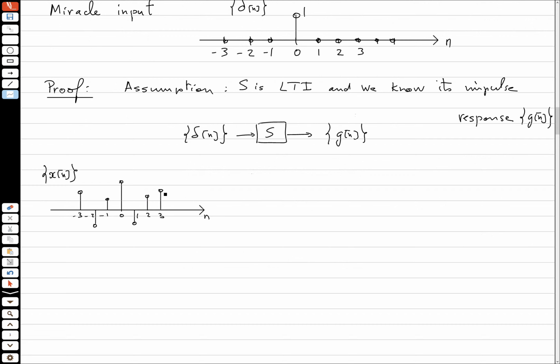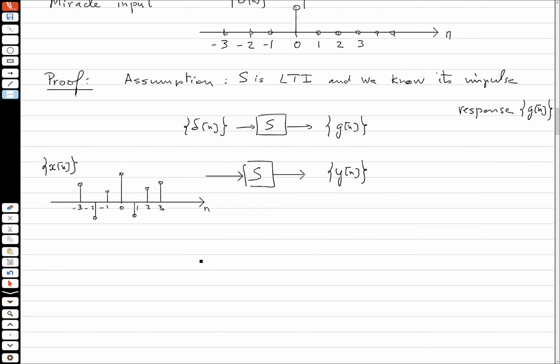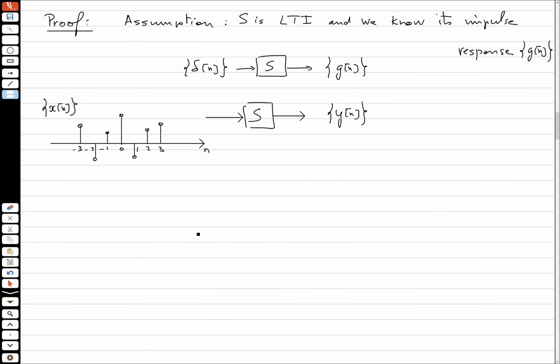Okay, something like that. And the question is that I'm going to input that into S, and I claim I will be able to show you what is y of n. So here's the way I proceed.